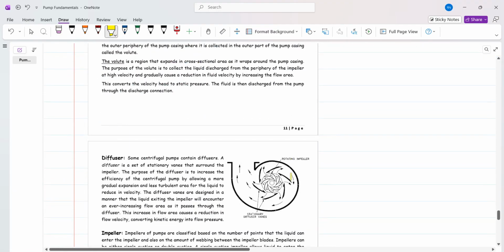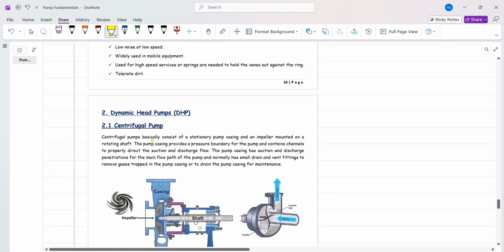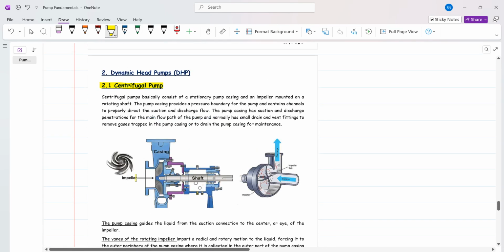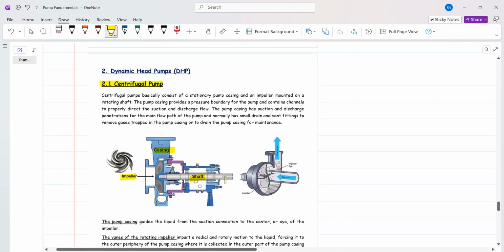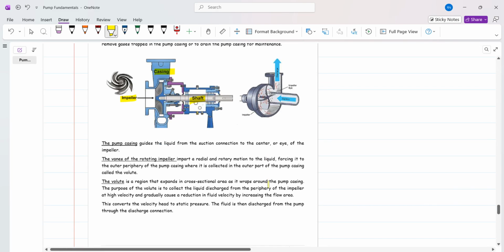In the next video we are going to discuss in depth what the centrifugal pump is, right? The parts of the centrifugal pump are the impeller, casing, shaft. The impeller will give the direction of the fluid, it converts the kinetic energy into pressure energy.